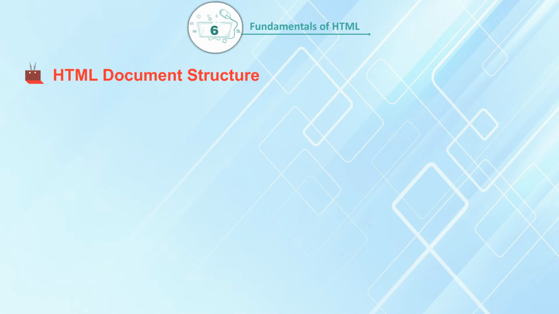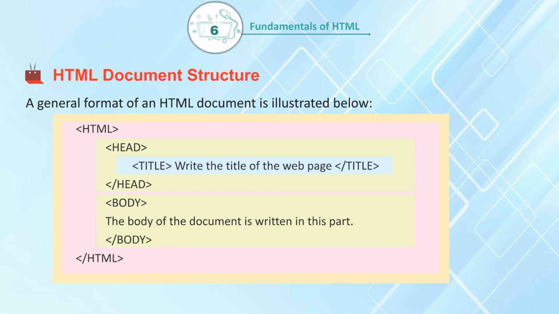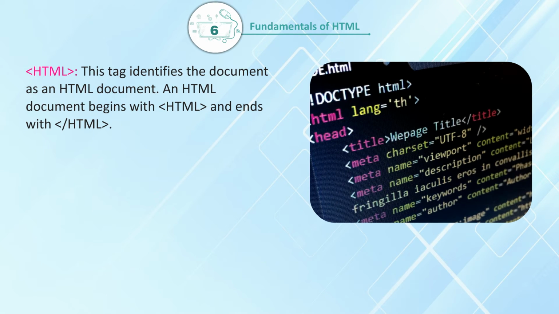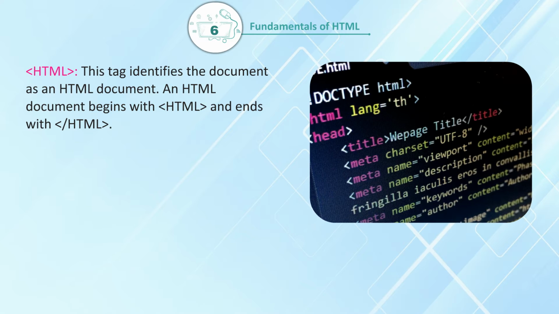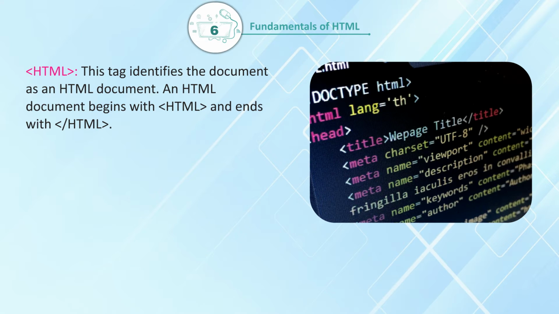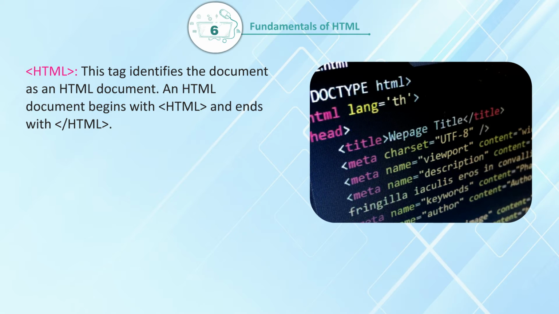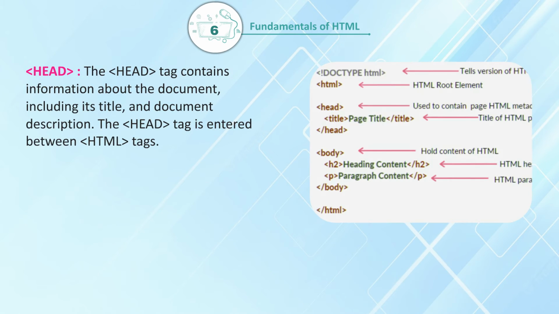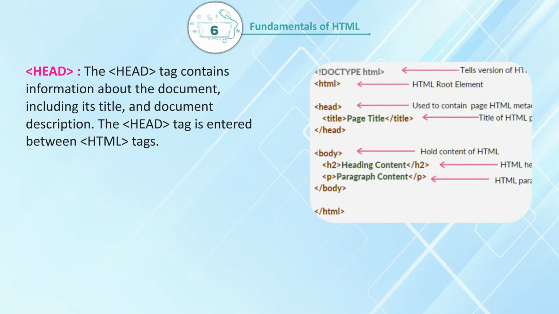HTML document structure. A general format of an HTML document is illustrated below. HTML. This tag identifies the document as an HTML document. An HTML document begins with html and ends with /html. Head. The head tag contains information about the document, including its title and document description.